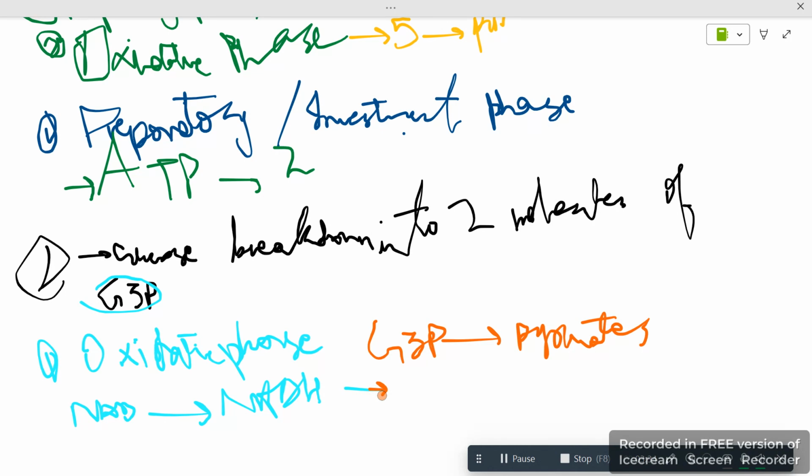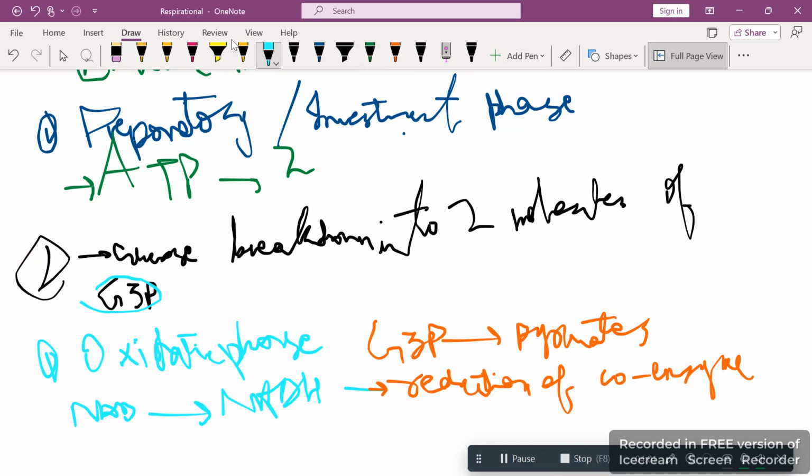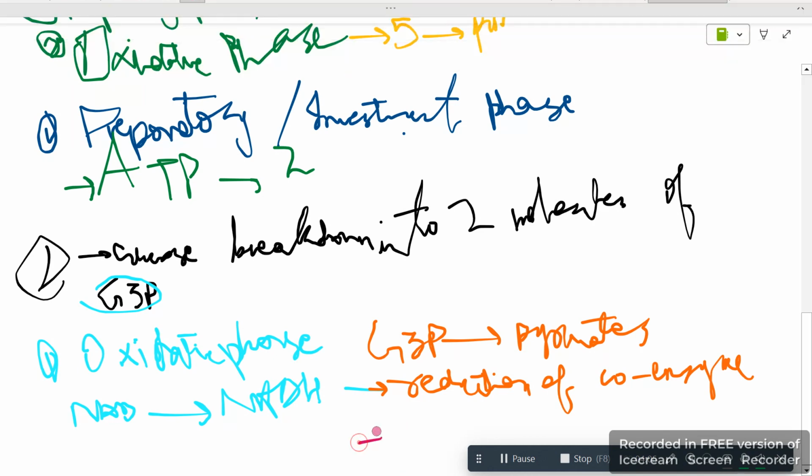and there would be reduction of one thing, reduction of coenzyme, which is further oxidized during ETC. And if you're thinking where this coenzyme would be used, it would be further oxidized during the ETC. ETC here is the electron transport chain.